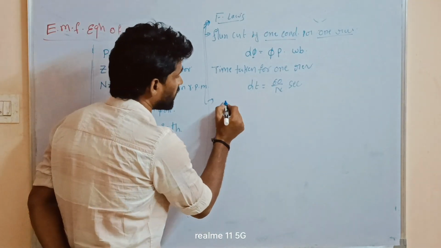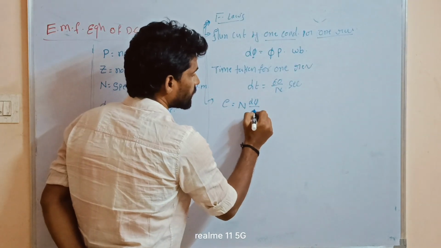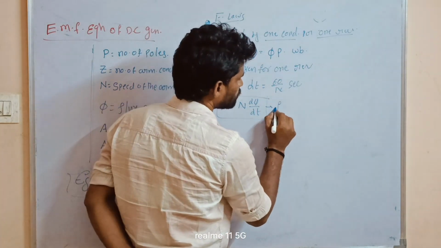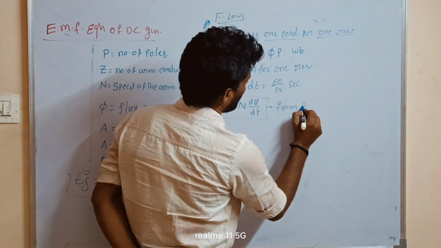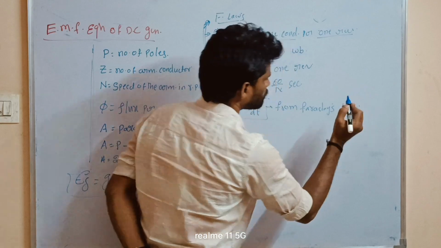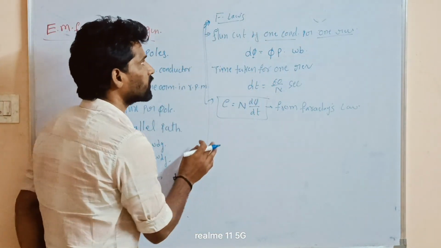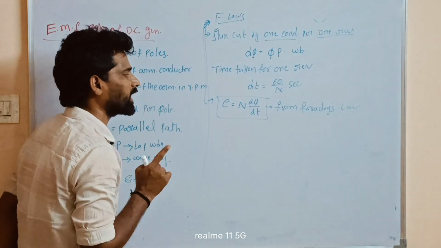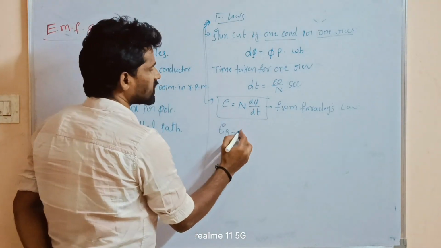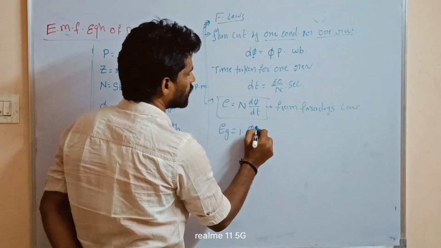That is E is equal to N dΦ by dt, from Faraday's law. Here N is the number of conductors, but we take only one conductor. So Eg is equal to, N equal to 1, and dΦ is equal to Φ into P.